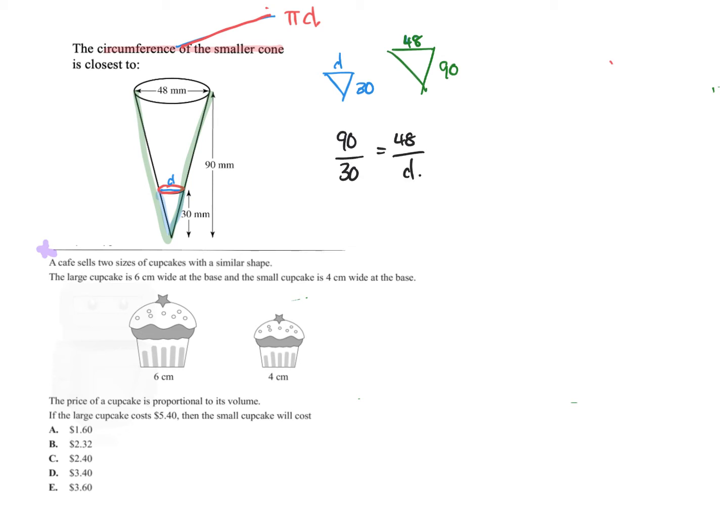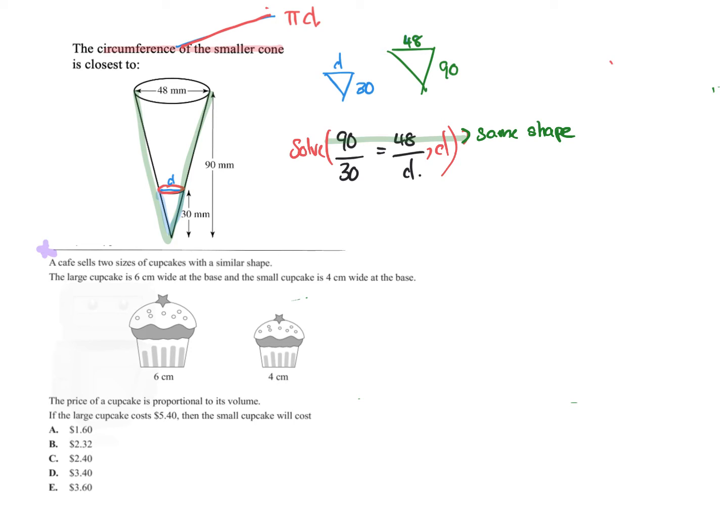So we're just double checking that these are coming from the same shape, which it is, the big shape, and the ones on the bottom are both coming from the small one. So once you do that, we can solve for d, and we'll find out what the diameter is.